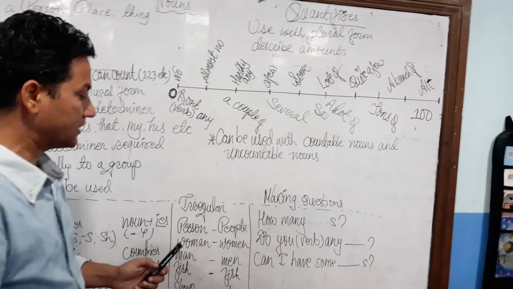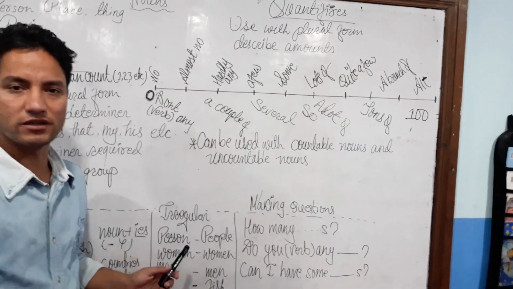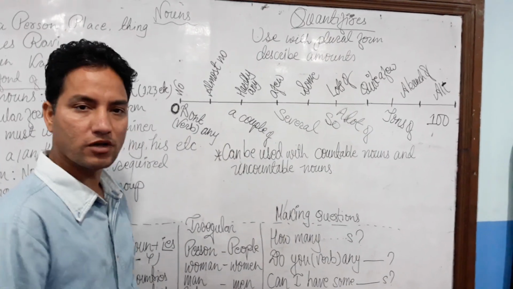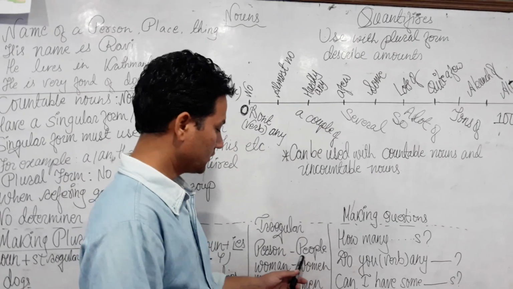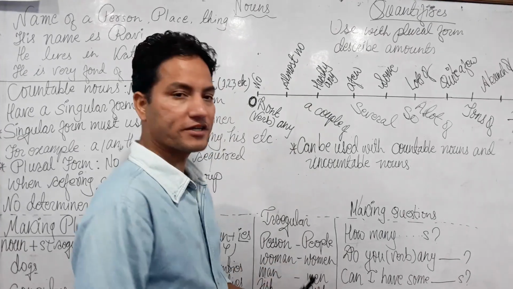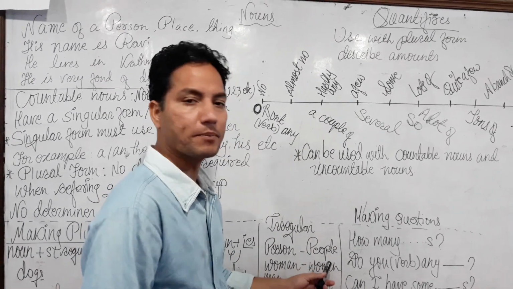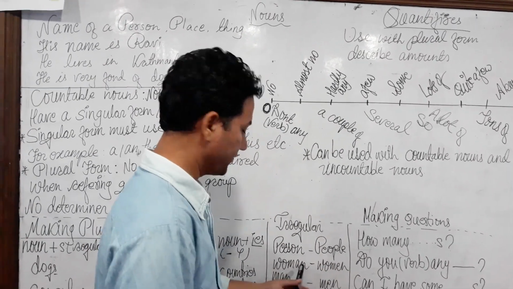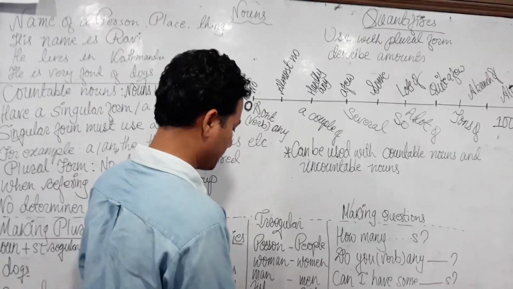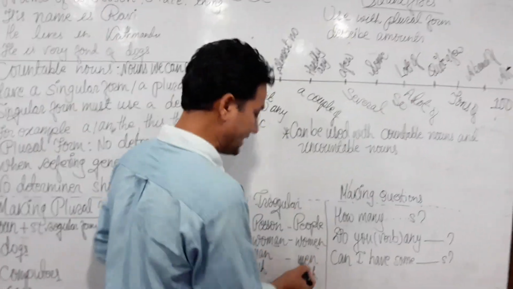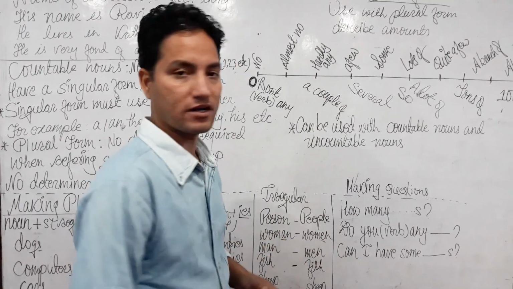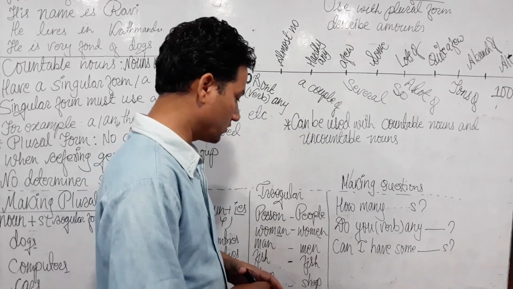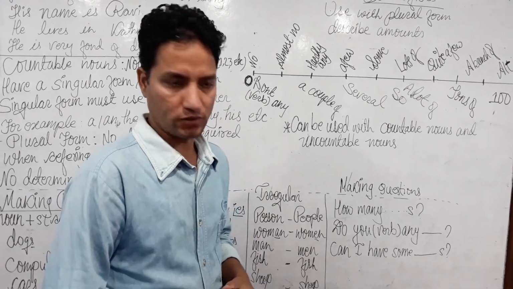Similarly, there are some irregular plurals as well. How do we change them into plural? For example, person: the plural of person is people. Woman, with an a, and women, with an e. The difference is here, a and e, so the vowel pronunciation also differs. Woman for the singular and women for the plural.